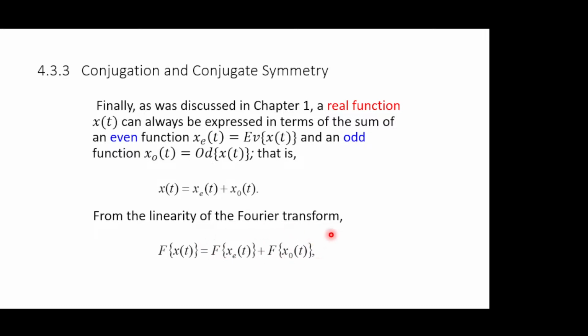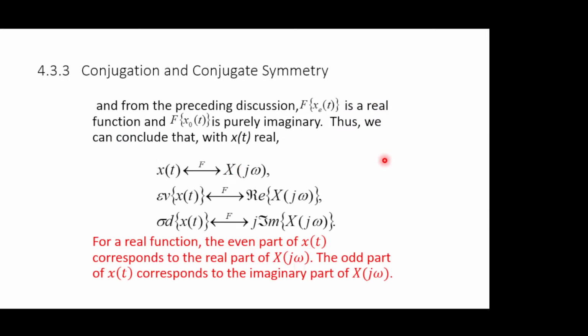So the real part is even and the imaginary part is odd, but also this is even and this is odd. It's very easy to show that for any function the even and odd decomposition is unique. If you have one way to break it into even and odd parts and another way, then the even part must equal the even part, and the odd part must equal the odd part.